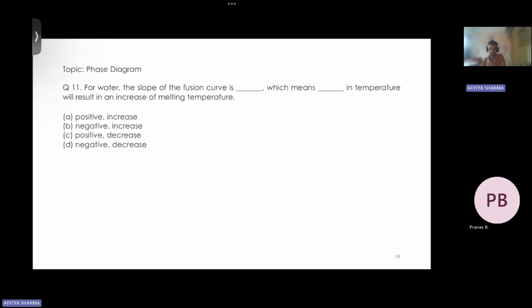Okay, next question. So this again is from your phase diagram topic only.